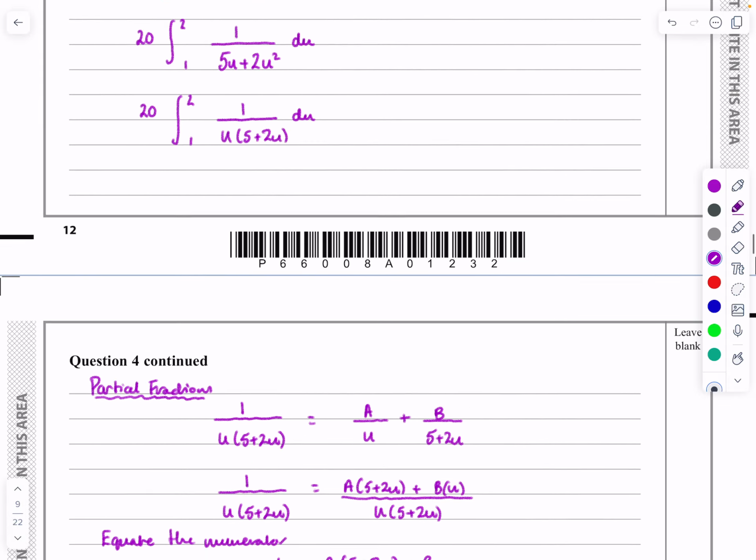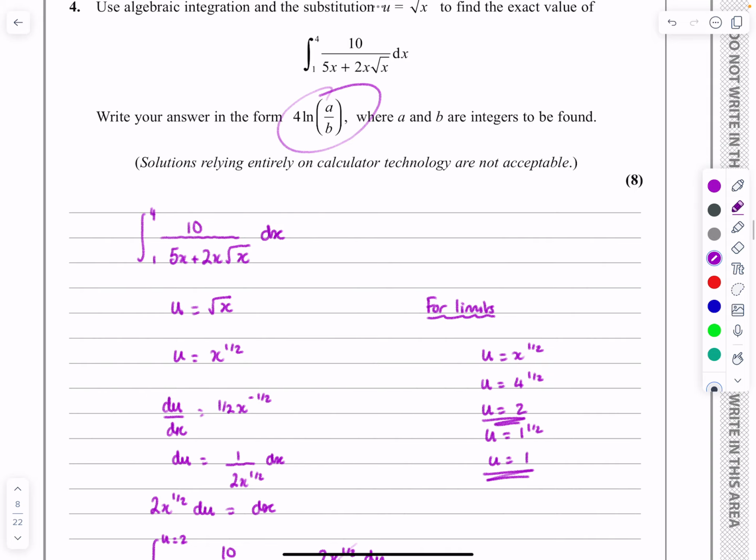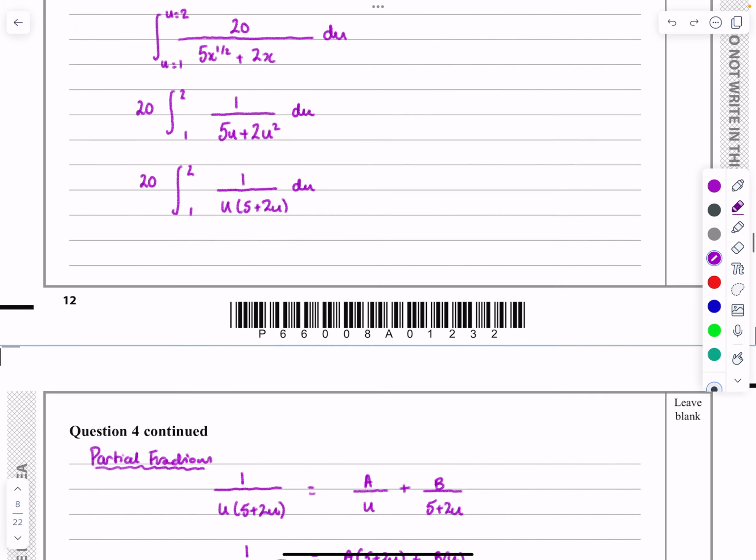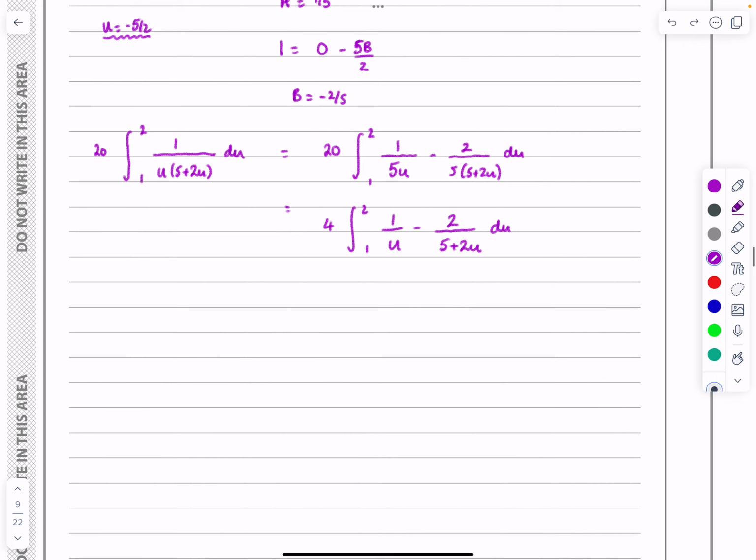Now, even in the question, I didn't really talk about the question, but it said that we're going to have logs in our answer there, so that should cause us no problems now. We're really happily on the right sort of track here. The integral of this works out to be the integral of 1 over u is log u, and the integral of 2 over 5 plus 2u would be log 5 plus 2u, but then because of the 2u, we have a half, and then we've already got the 2 in there.